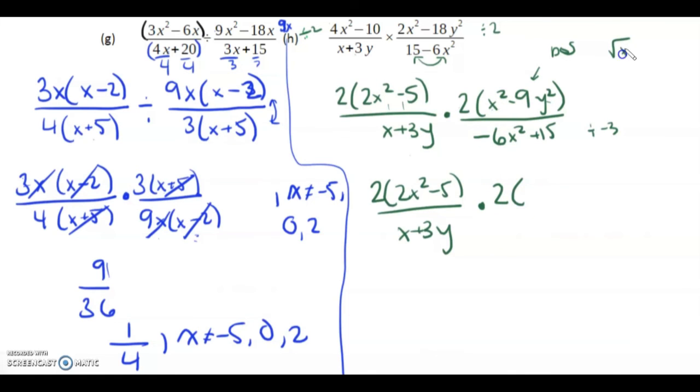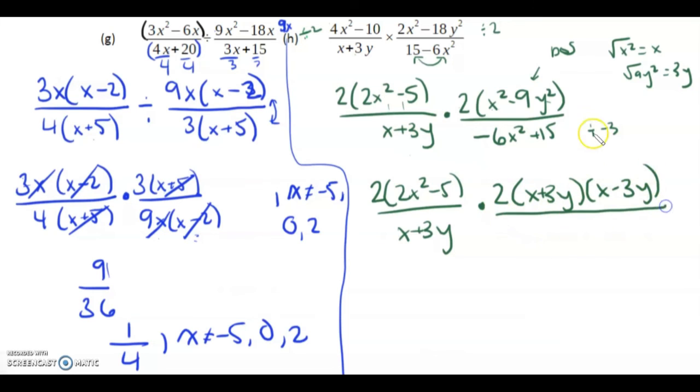So we can root x squared, we get x, and we can root 9y squared, we get 3y. So our two brackets are x plus 3y, x minus 3y. And that's all over negative 3 bracket 2x squared minus 5.